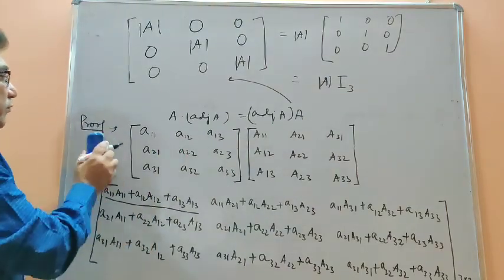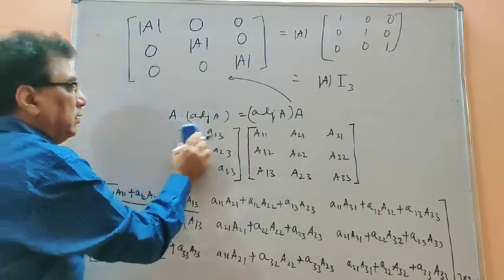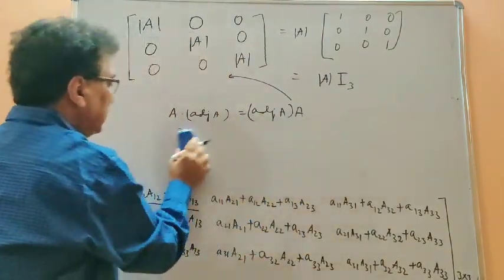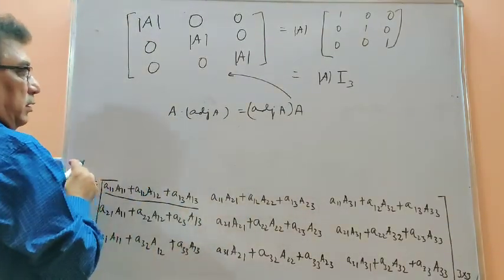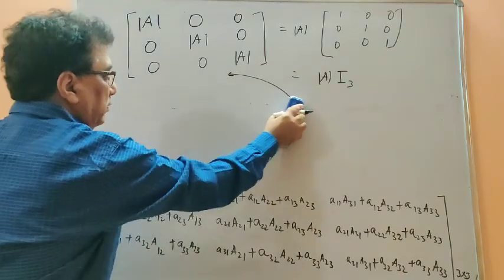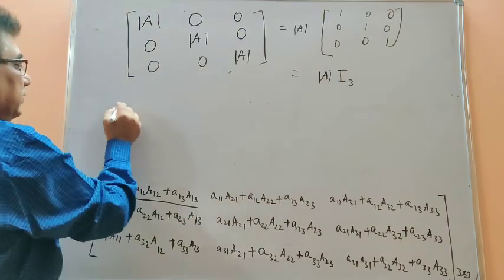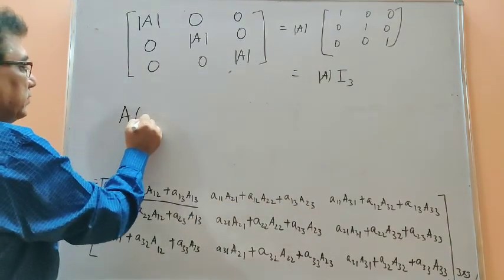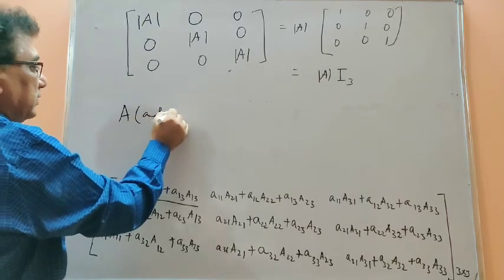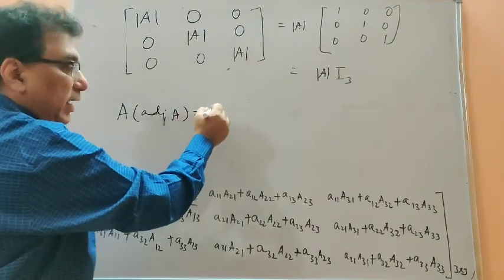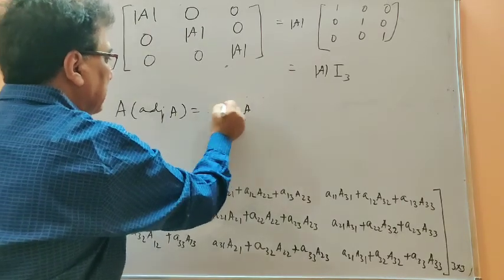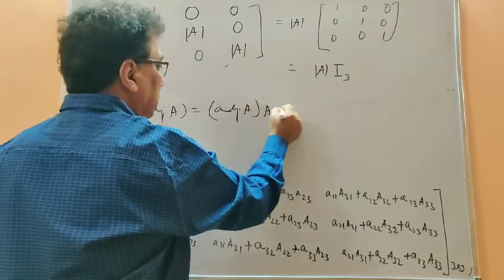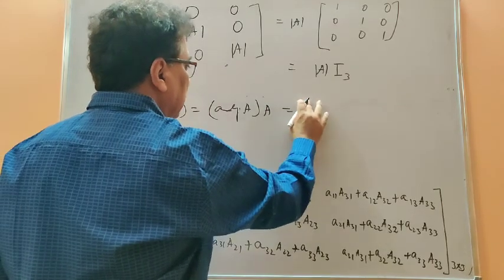So this has proved the result. We have proved that when a matrix is multiplied with its adjoint, and if this multiplication is done in reverse order, then this is the result.